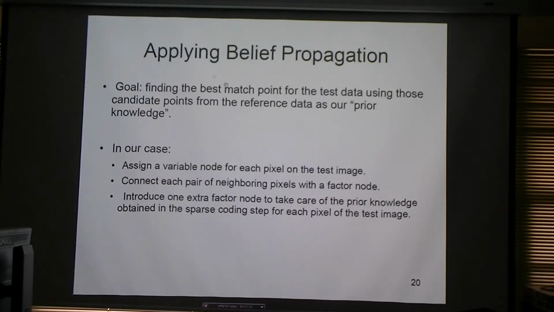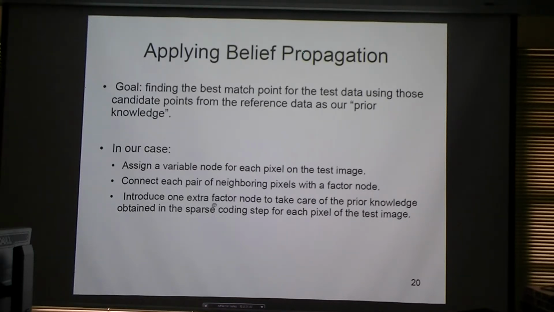The goal of applying belief propagation in our SCoBeP is finding the best match point for the test data, using those candidate points from the reference image as prior knowledge. In our case, we assign one variable node for each pixel in the test image, and connect each pair of neighboring pixels with a factor node.